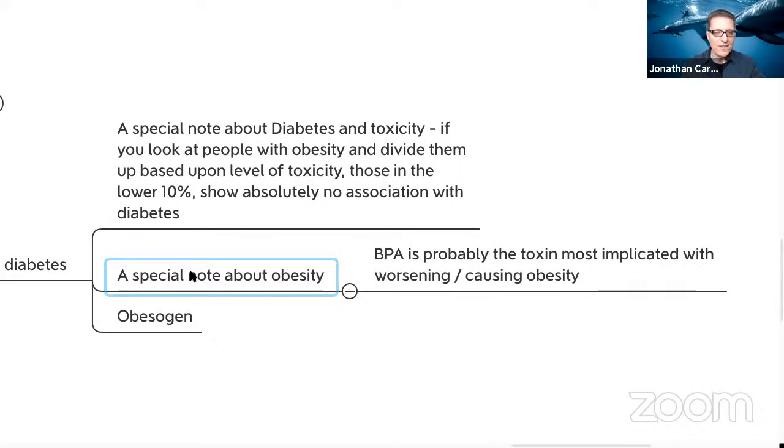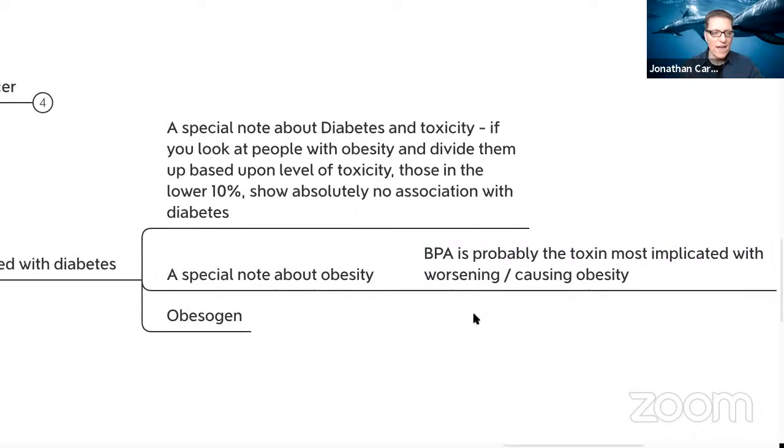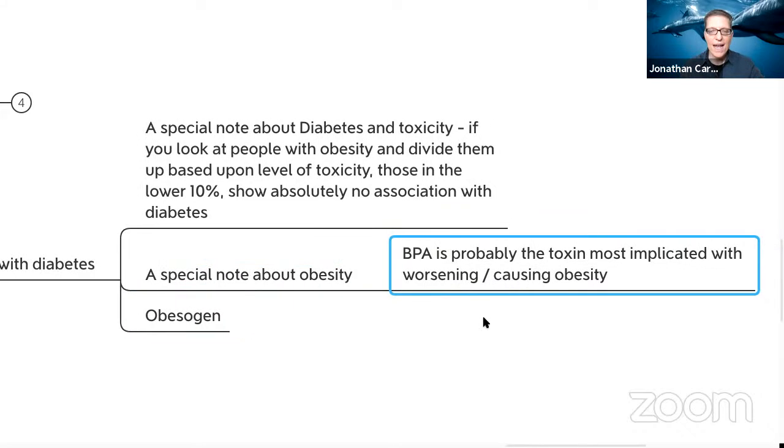But speaking about obesity in general, BPA is probably the toxin most implicated with worsening and/or causing obesity. Arsenic as well is considered an obesogen, meaning helping to lead to diabetes. But BPA, which is found in plastic products, is also found in paper receipts at a very high level.